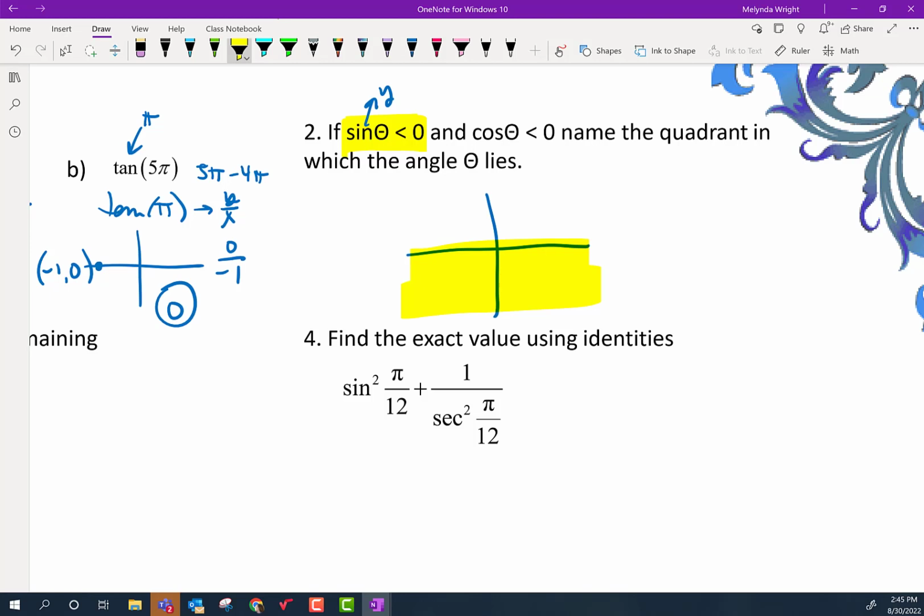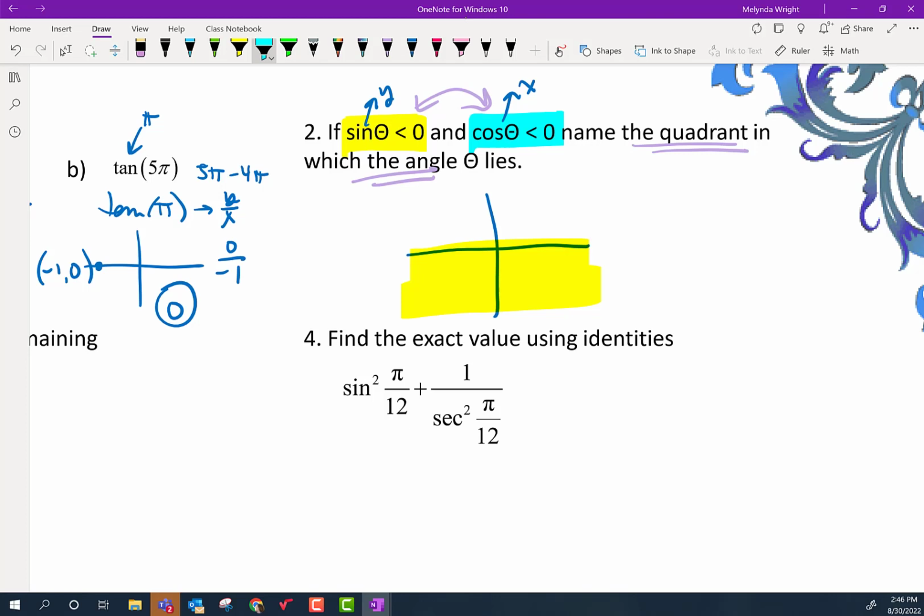But in this problem, what they're asking us to do is figure out the quadrant where both of these things are true. We want both of them to be true. All right, so this will be blue. We want to see where cosine is negative, and cosine is mapped to an x. Which quadrants would cosine be negative in?